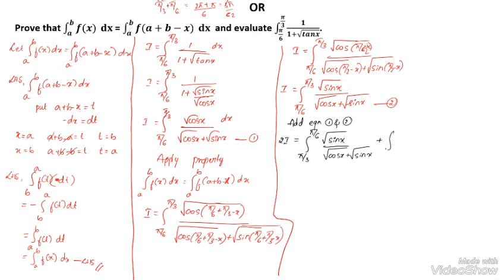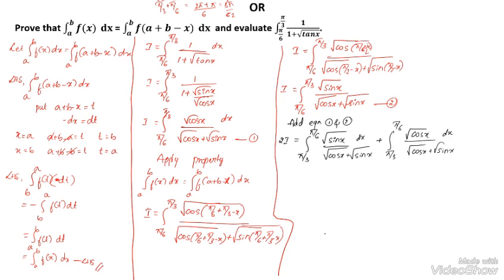Similarly, here also I am swapping the upper and lower limits. By that property, it changes to pi by 6 to pi by 3 of root of cos x divided by root of cos x plus root of sin x dx.